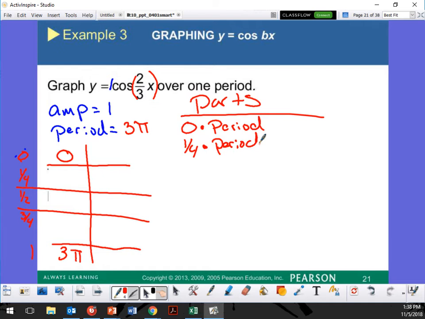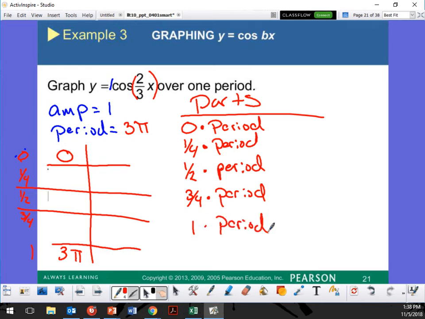What do you think the next one's going to be? 1/2 times the period. And my last one is just 1 times the period, which just comes out to be the period.